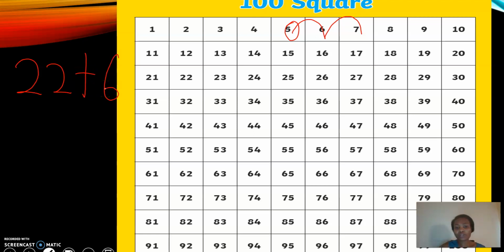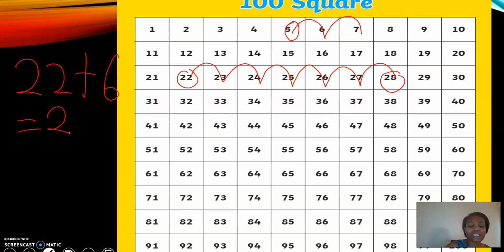How do I do that? Yes, great job. I get on 22 and then I jump how many steps? 6 more spaces. So 1, 2, 3, 4, 5, and 6. So where did we land? Amazing, on 28. So 22 plus 6 gives us what? 28. There we go.